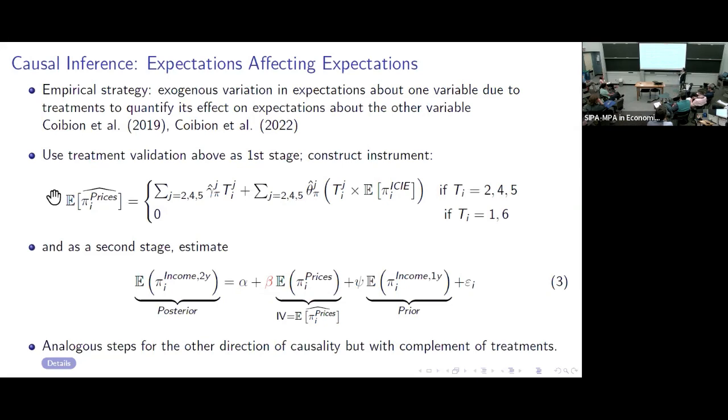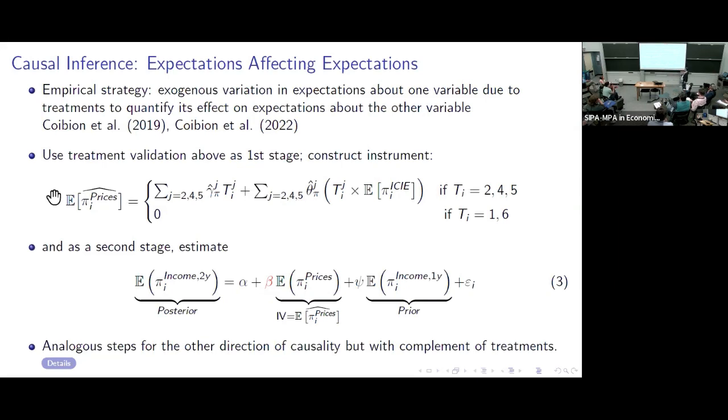My instrument is shown right here in this equation. It's going to be equal to just the variation in inflation expectations that's coming from the treatment dummy and its interaction with the prior, whenever I'm receiving any information treatment that is relevant to inflation, so either SPF, past CPI, or the long-term target, and 0 otherwise.